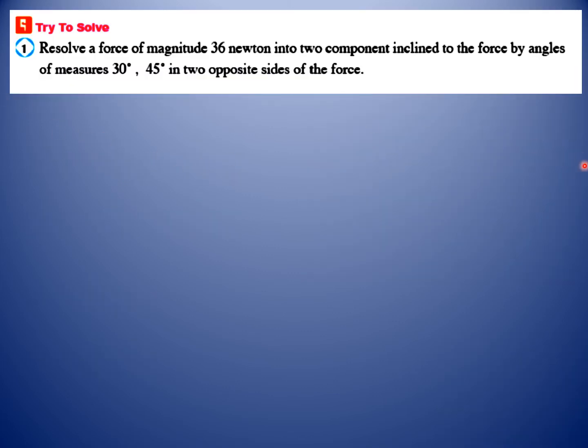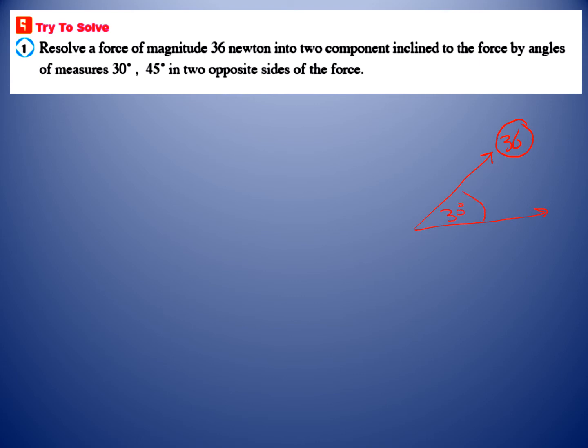Example number 1. Resolve a force of magnitude 36 Newton into components inclined to the force by angles of measure 30 degrees and 45 degrees on opposite sides of the force. Let us start. We have 36 Newton inclined by angle 30 degrees to the first force.